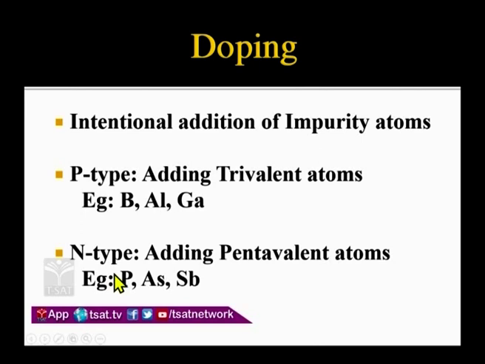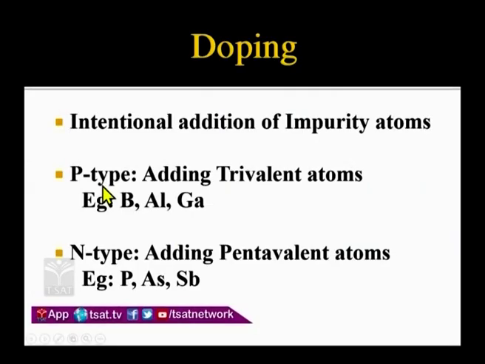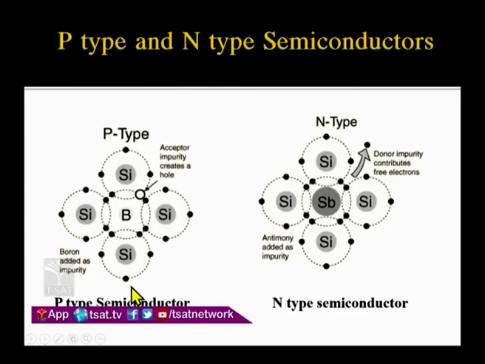So there are 2 different types of extrinsic semiconductors, p-type and n-type. In p-type, you add trivalent atoms, and in n-type, you add pentavalent atoms. So how does the structure change when you add p-type material and n-type material?